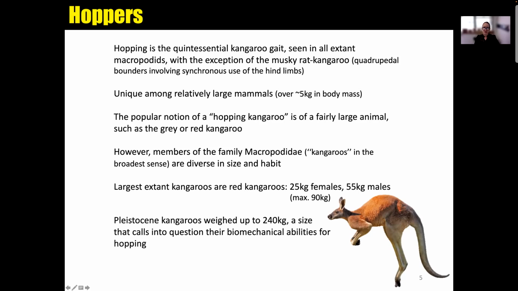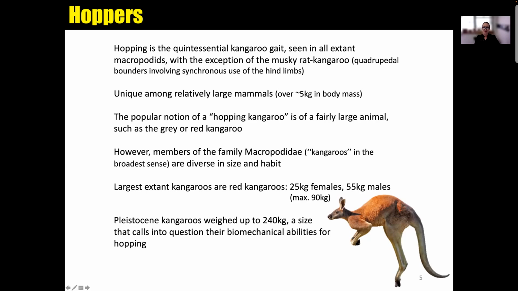Hopping is actually quite unique among relatively large mammals. So by large mammals, we mean those over 5 kilos in body mass. The popular notion of a hopping kangaroo, when we think about it, is typically a fairly large animal such as the grey or red kangaroo.